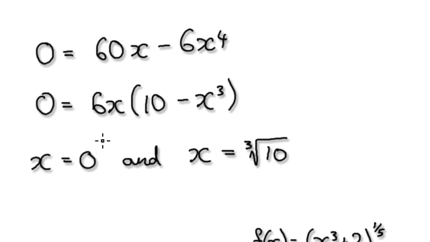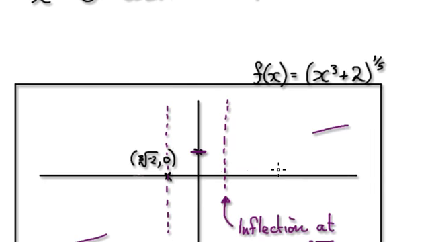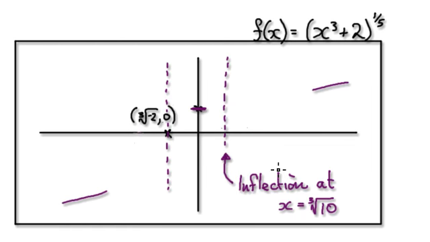Okay, so basically our inflection points occur when x equals 0 and when x equals the cube root of 10. So what that means is that looking at our graph here, we've got an inflection point here, and then we've got an inflection point somewhere at x equals the cube root of 10.